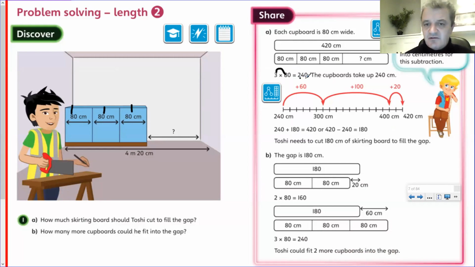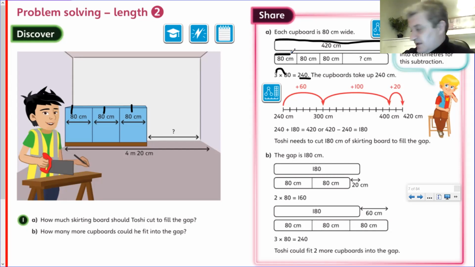So that 24 becomes 240. The total gap is 420. We've cut skirting boards. That's the board that goes around the bottom of your walls, basically.